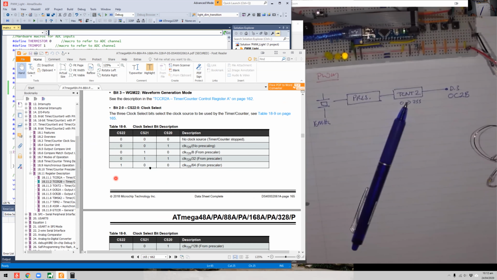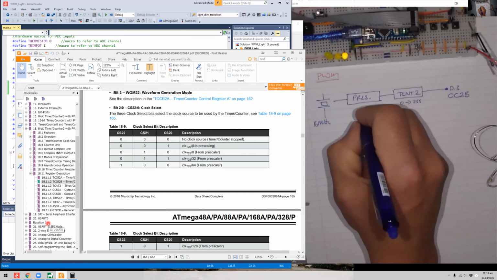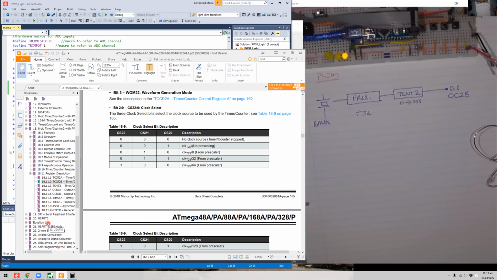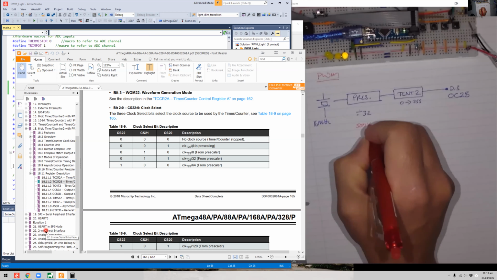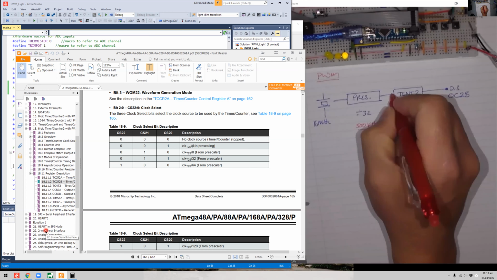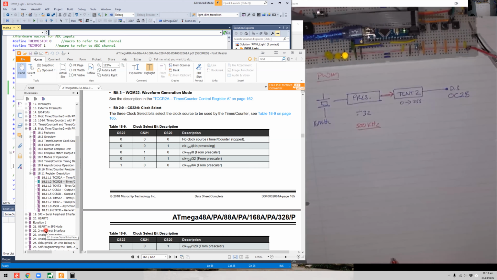With these 2 bits set, it's divide by 32. So 16 megahertz divided by 32 is, of course, 500 kilohertz, and that 500 kilohertz is feeding into the counter.